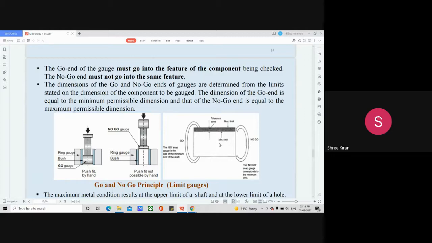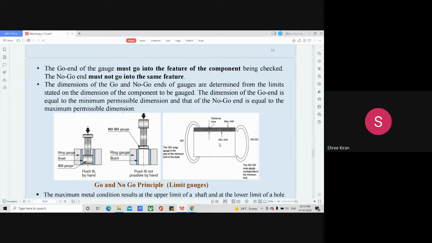But mainly the dimensions, what happens? The dimensions of the go and the no go ends of gauges are always determined from the limits stated on the dimensions of the component to be gauged.